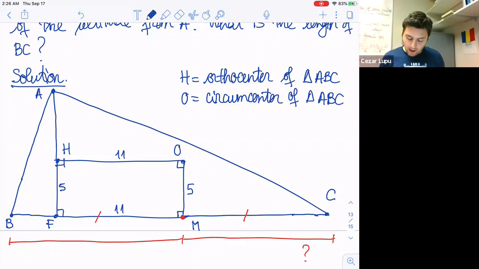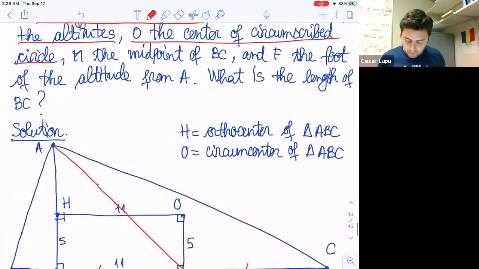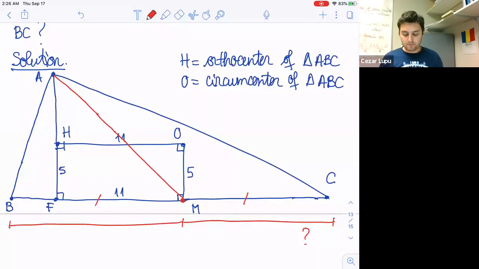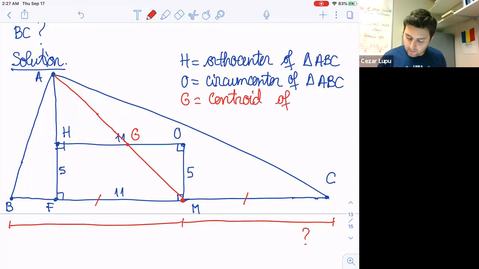And now look here, I have the midpoint. M is the midpoint of BC. This is big information. If we draw the line AM, then AM is the median. If we draw all the medians, at some point they will meet, and there will be a point G somewhere. So this G will be the centroid of the triangle ABC.